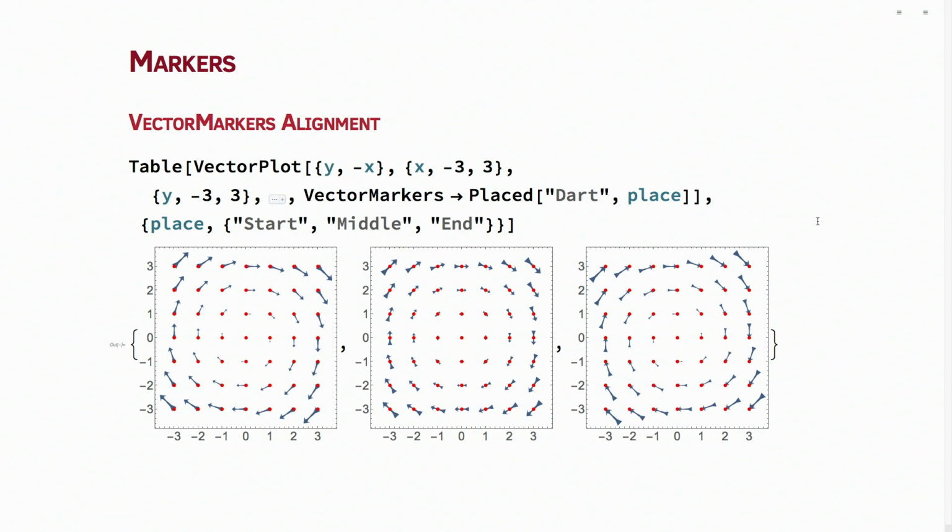And so we have, at the moment, 3 named positions for technical reasons. It's not arbitrary, although I don't know that arbitrary is necessarily that useful, although I'm sure there are cases for it. But the most important ones are being able to say that my arrow is going to start at the point, my arrow is going to end at the point, or the default is that the arrow is centered on the point.